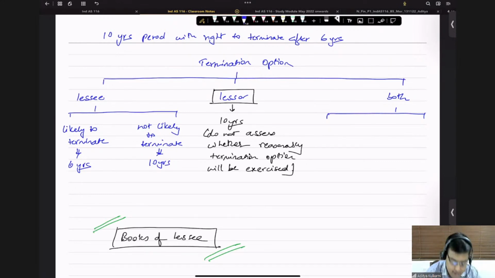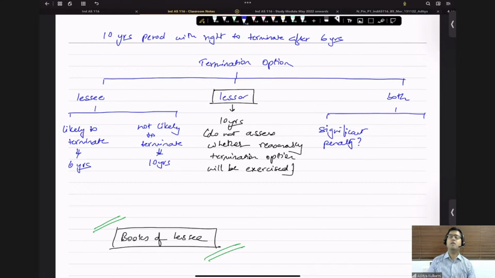So here the standard gives a guidance and asks you to check, is there a significant penalty for termination? Is there a significant penalty after termination after 6 years?